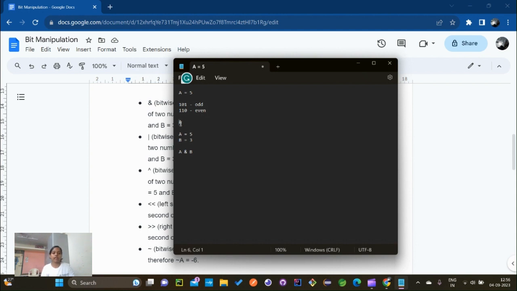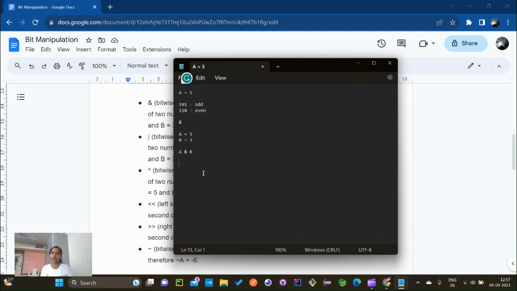So while doing the AND operation, we have to consider these rules: if there are two bits, and any of them is zero, then the answer of the AND operation of those two will be zero. Suppose one is one, another one is zero, then the answer is zero.